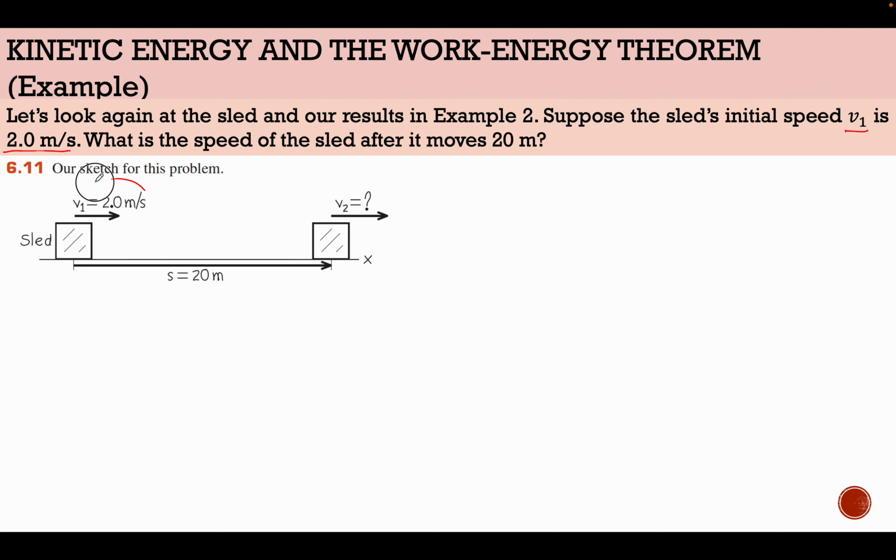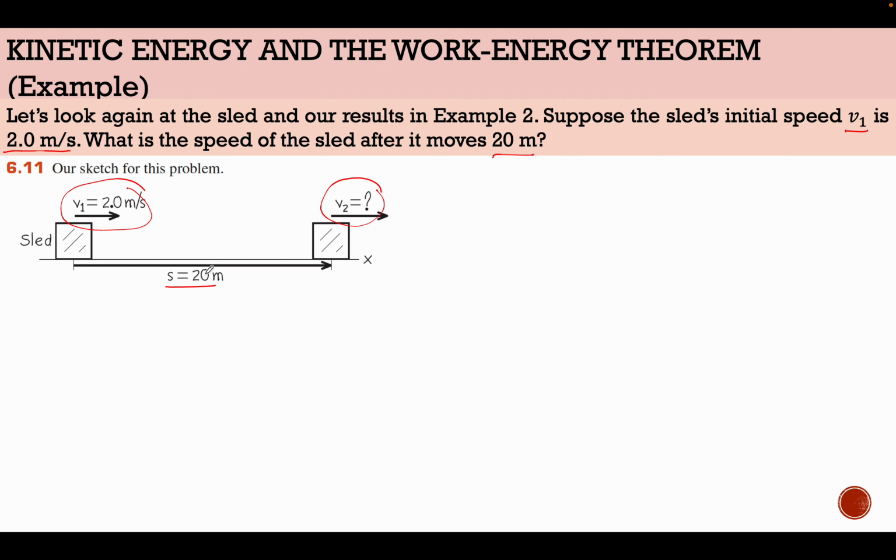We have right here, this is our initial speed. What is the speed of the sled after it moves 20 meters? Which means we are asked to solve for the final speed of the sled after it moves 20 meters.